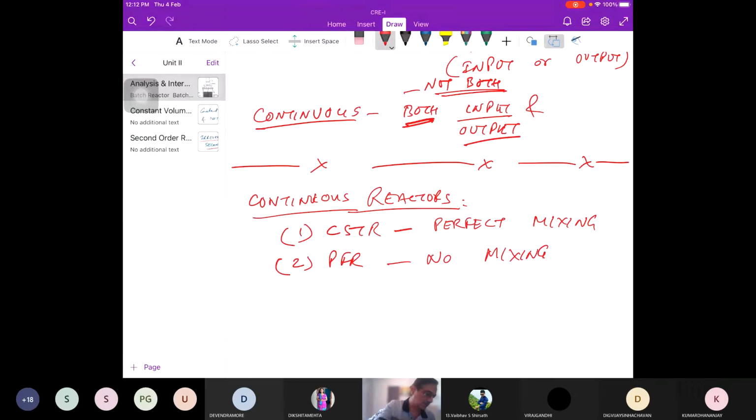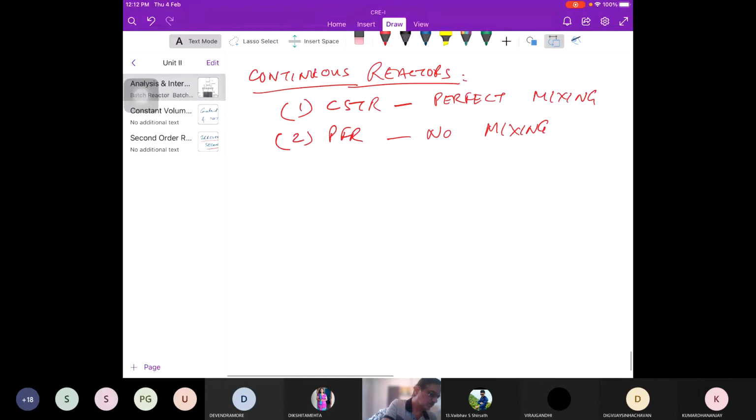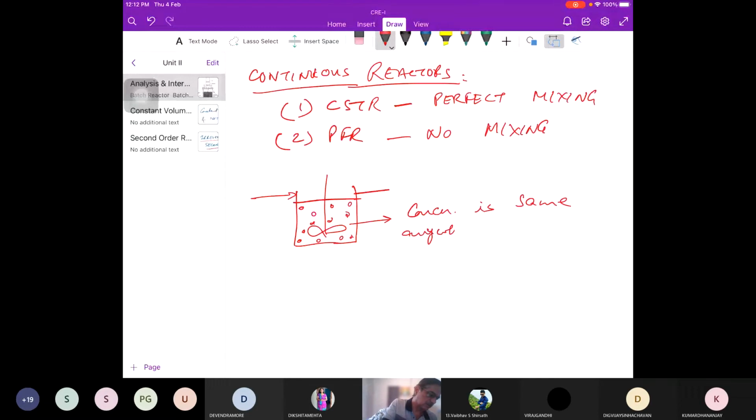Right. So if I look at CSTR, there's input, there's output. And if I take concentration anywhere in the reactor, concentration is same anywhere in the reactor.